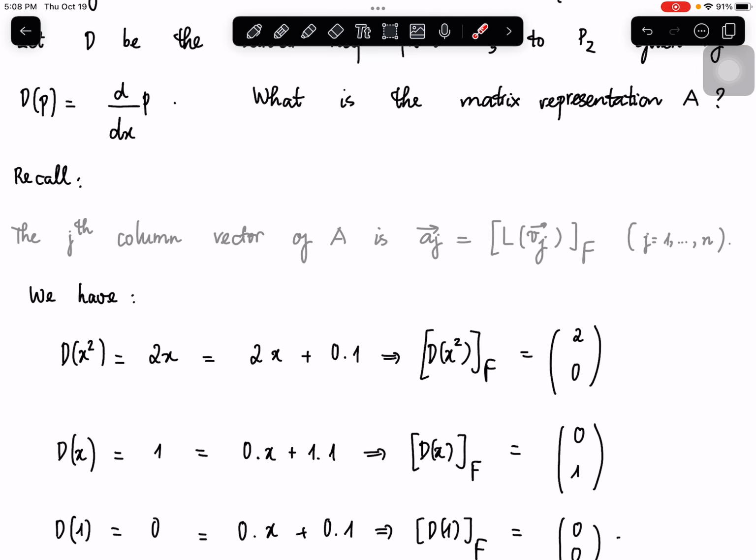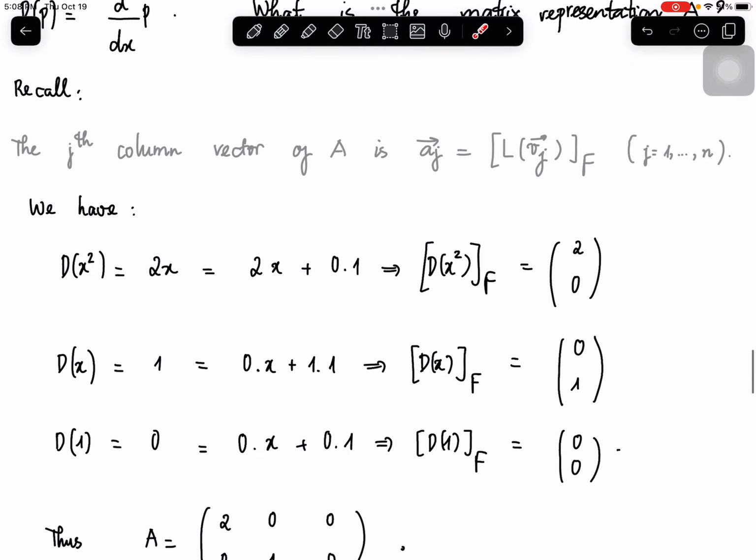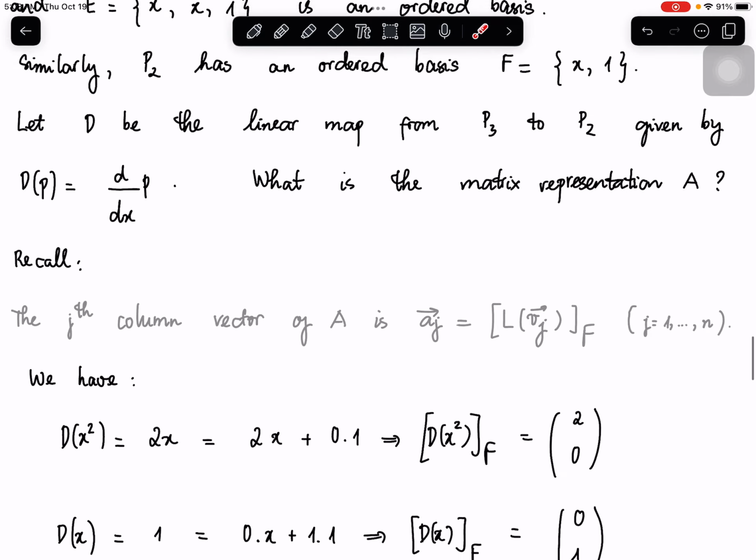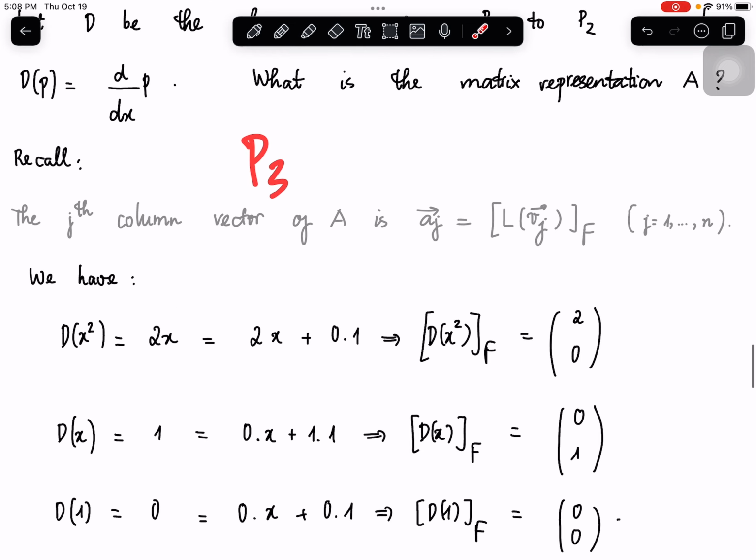So from the theorem, we just need to compute the images of the vectors in the basis E, and then compute their coordinates with respect to F, the basis of the codomain. There are 3 vectors in the basis E of P3: x squared, x, and 1.